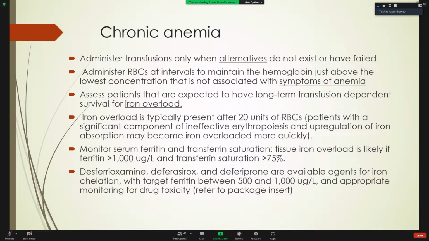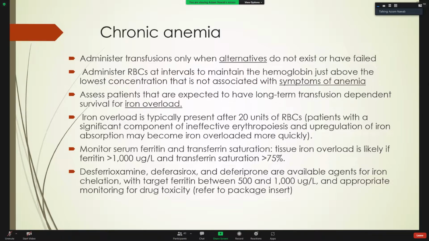Typically, iron overload is present after 20 units of RBC. Patients with a significant component of ineffective erythropoiesis and upregulation of iron absorption may become iron overloaded much more quickly than normal patients. We should monitor serum ferritin and transferrin saturation. Tissue iron overload is likely if ferritin is more than 1,000 mcg per liter and transferrin saturation more than 70%.